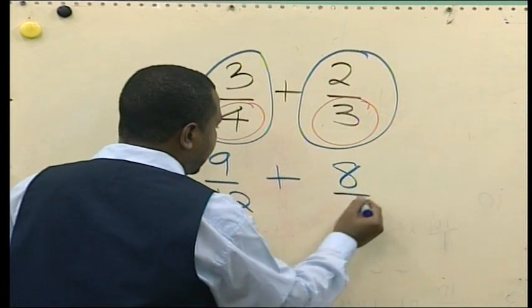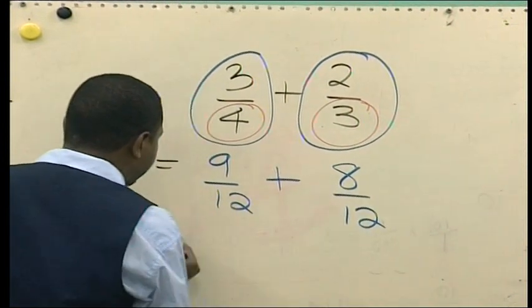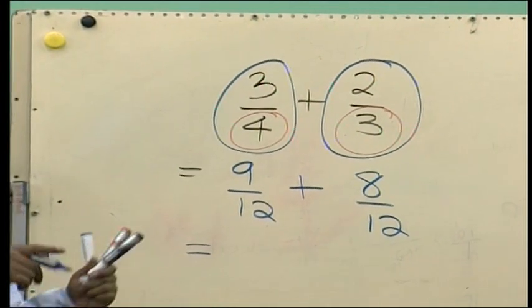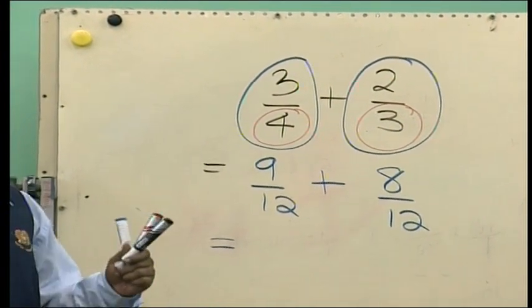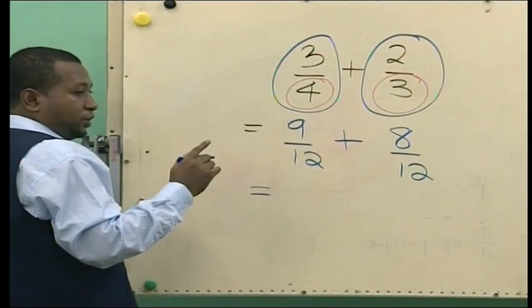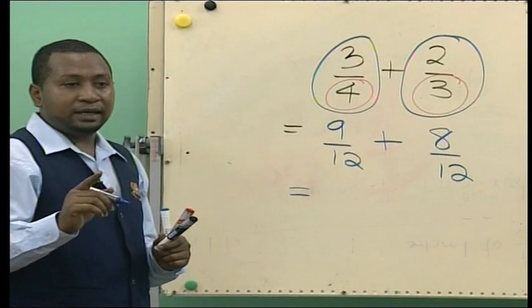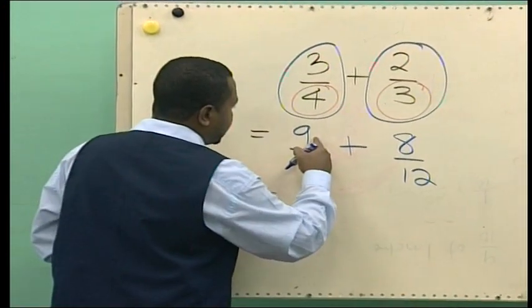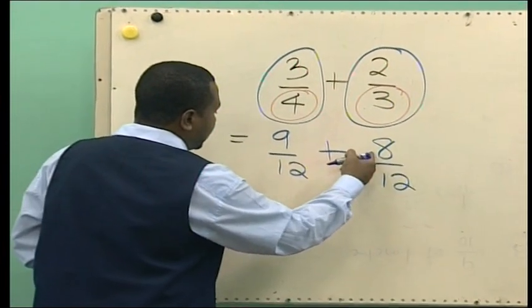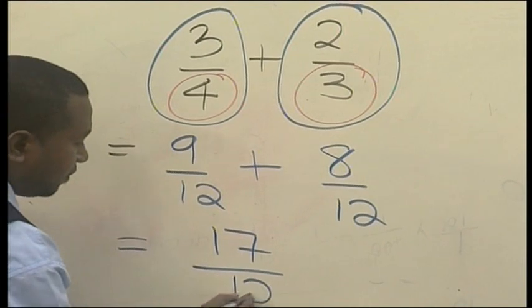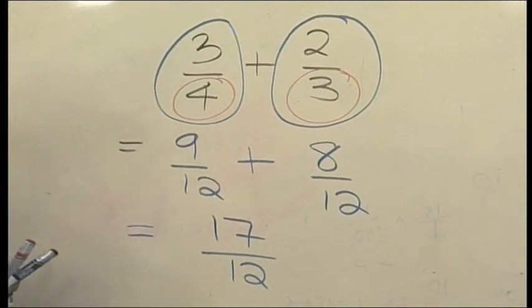Is it easier to add now? Yes, because the two fractions have a common denominator. So what we are going to do is add the numerators only. So 9 plus 8 is 17. 17 over 12.